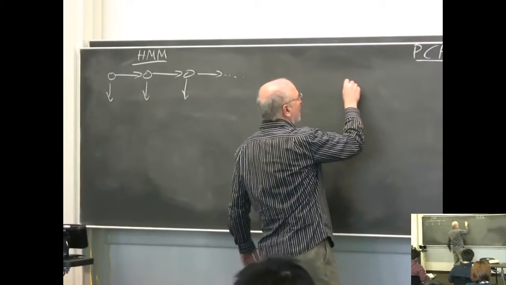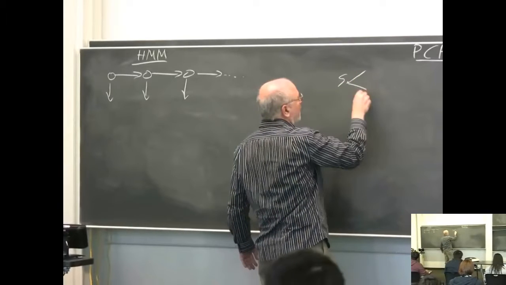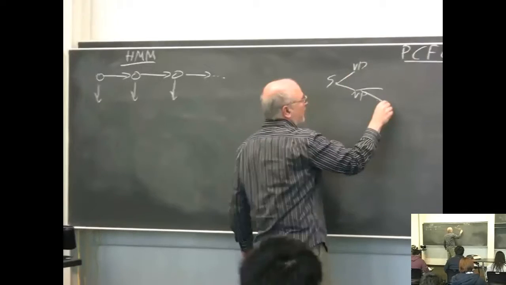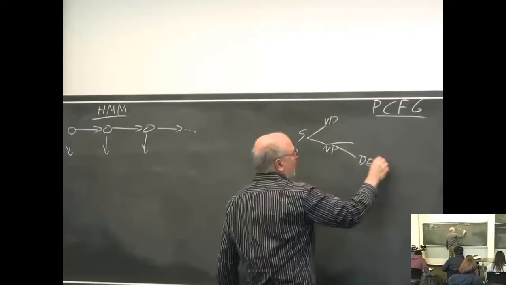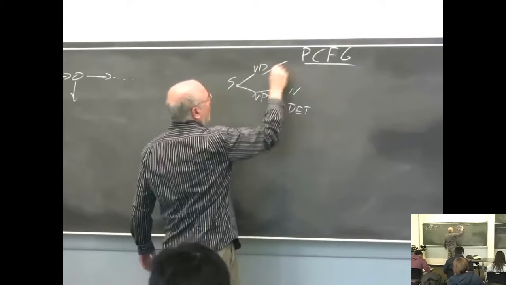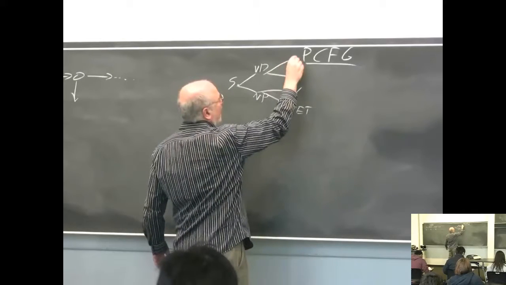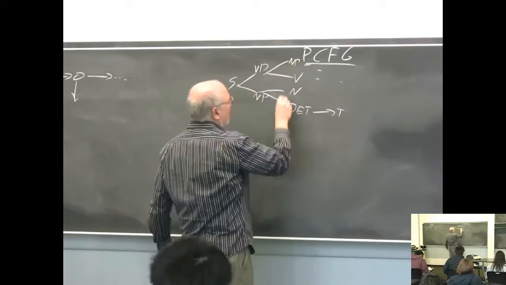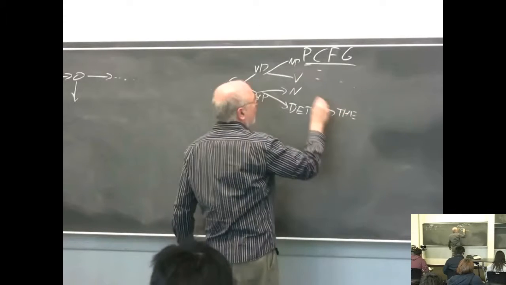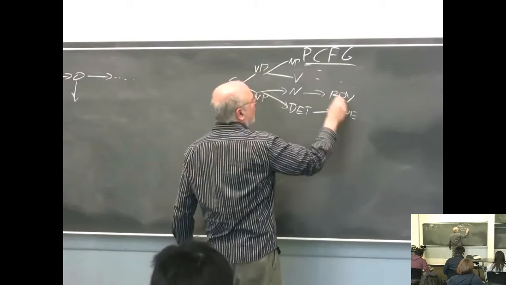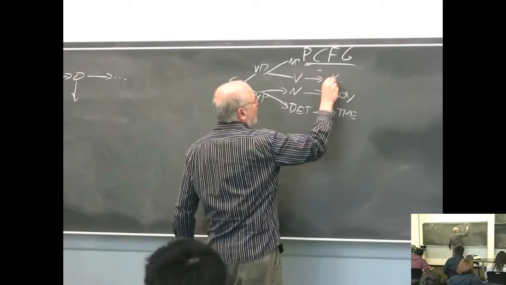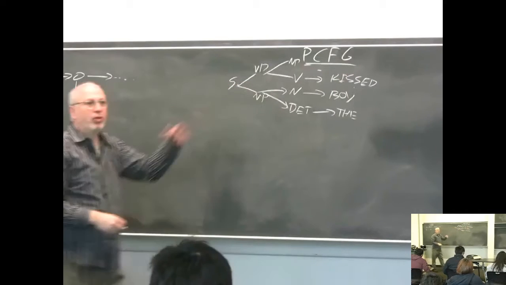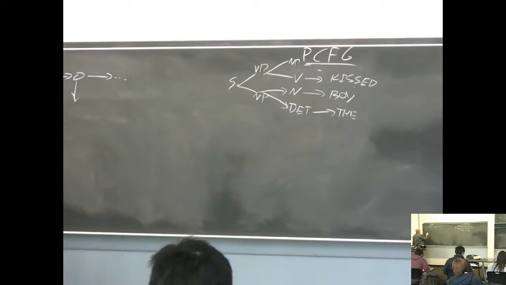So it'll be sentence here, and it goes into noun phrase and verb phrase. And the noun phrase goes into determiner and noun, and the verb phrase goes into verb and noun phrase, and so on, and this ends in the. And this will be boy, and this will be kissed, etc. So we have a whole tree here.